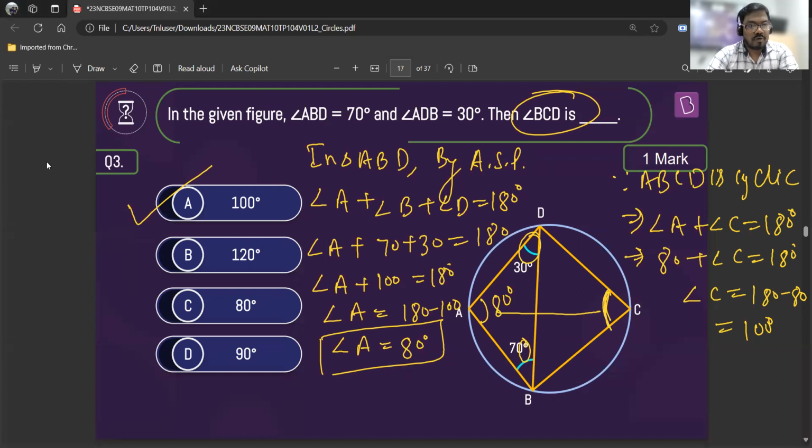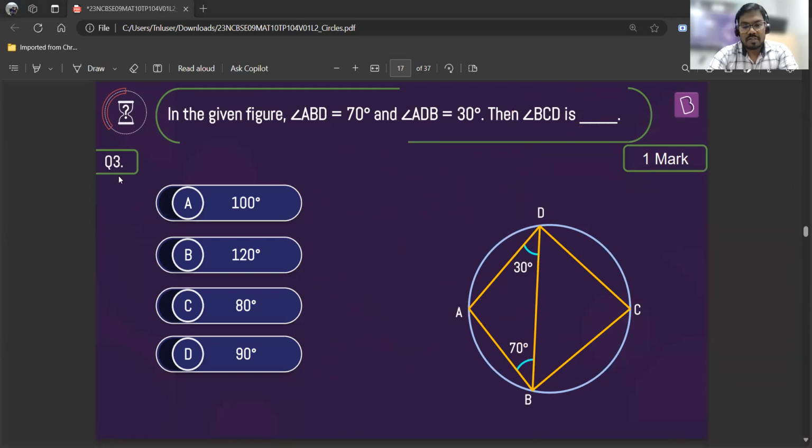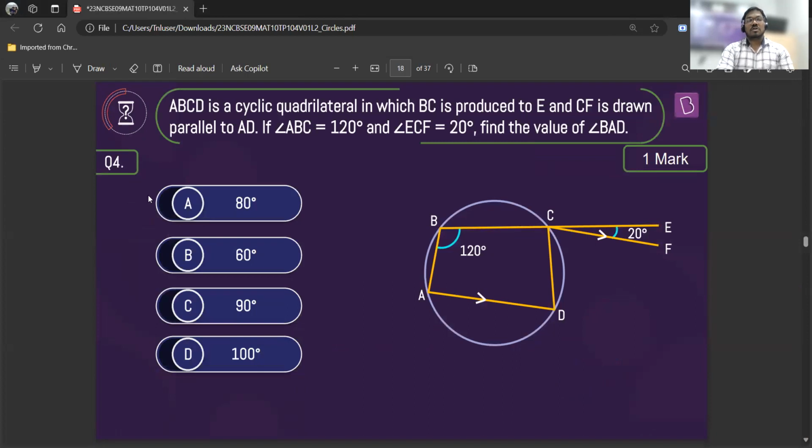All right, I hope you have done it. Let's come up with the next question now. This is also one more important question from the cyclic quadrilateral point of view. Just look at ABCD, a cyclic quadrilateral given to you, and BC is produced to E, and CF is drawn parallel to AD. You can see ABCD is cyclic, that is given. Angle ABC is 120. So what is the measurement of this angle?